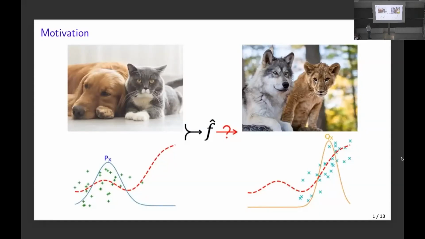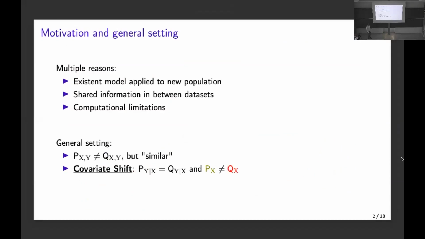So in practice, this situation happens for multiple reasons. One of them I just cited. Another one would be to push a step further and to have the idea that if I have now a data set on lions and wolves, I can maybe mix both data sets and obtain a better fit, and in this way increase artificially the sample size.